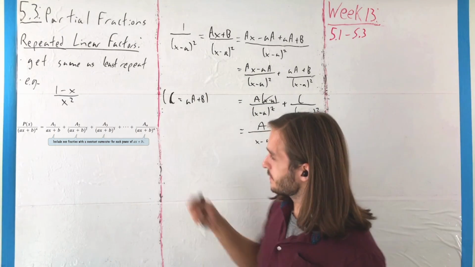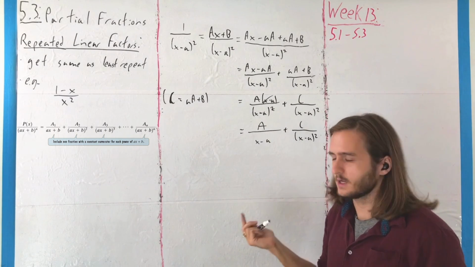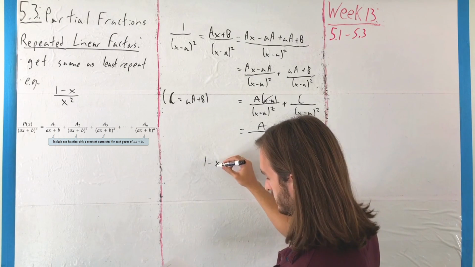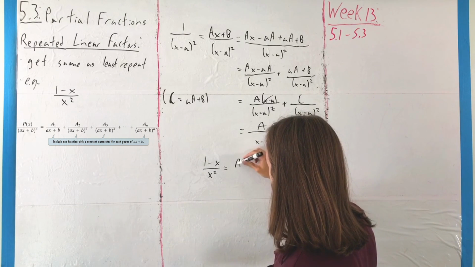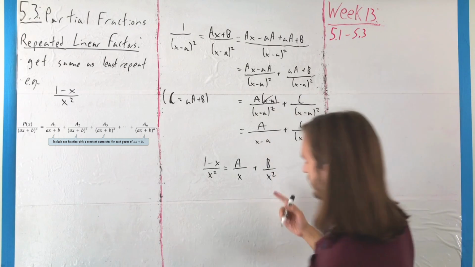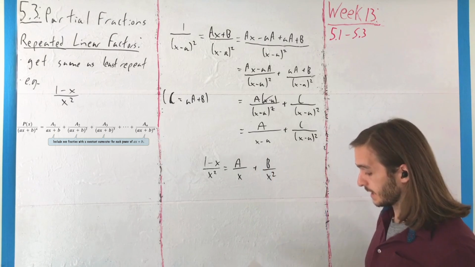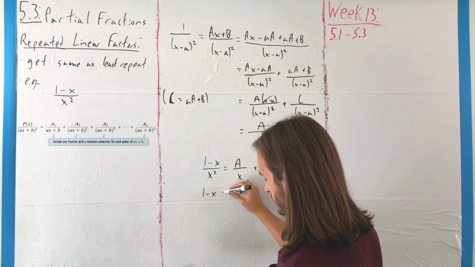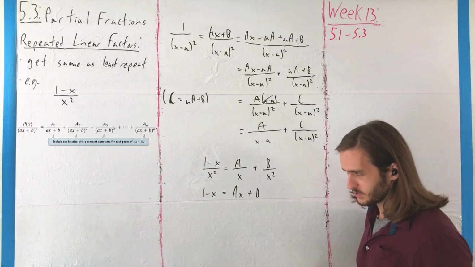So if you want to work on this example here, I might not have enough space to do this one, but actually I might because it's pretty small. So if we took 1 minus x over x squared, we would end up having a over x plus b over x squared. We get a term for every repeat with the next one up in terms of the smallest, so these are all just constants there, which would then become 1 minus x equals ax plus b, and technically speaking, you could write that as a system.